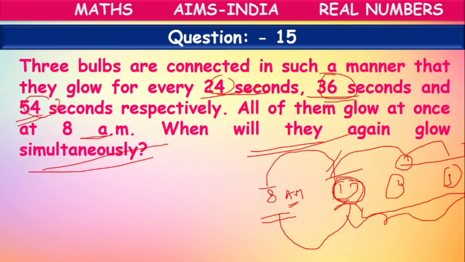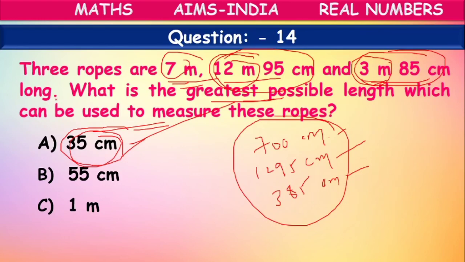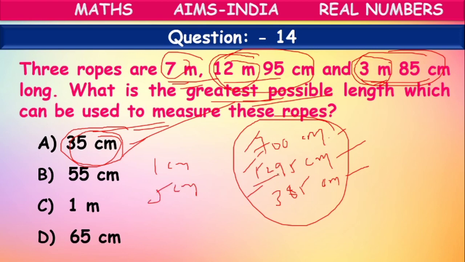But for the previous question, they asked for the greatest possible length. Means with 1 centimeter also we can measure them exactly, with 5 centimeter also we can measure them exactly.